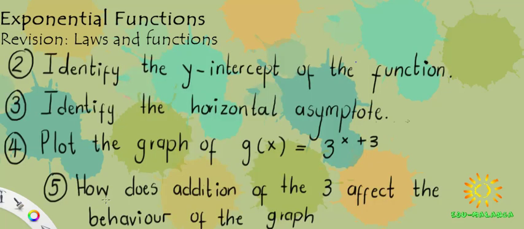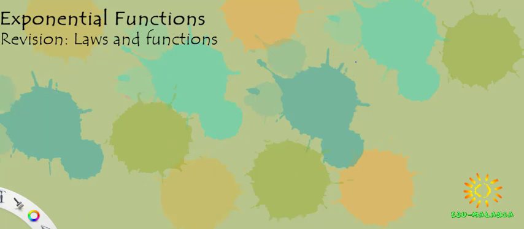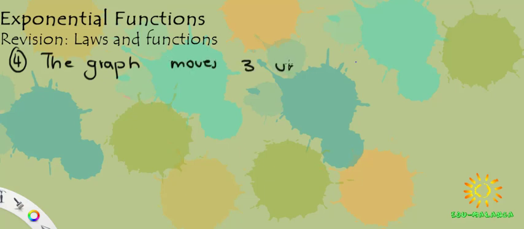So when they ask us, how does addition of the 3 affect the behavior of the graph? We can say that the graph moves 3 units left.